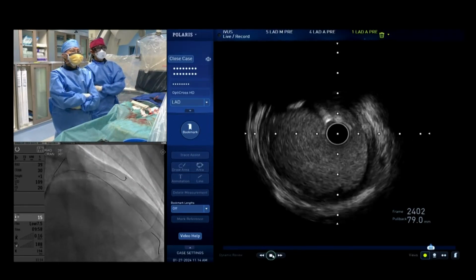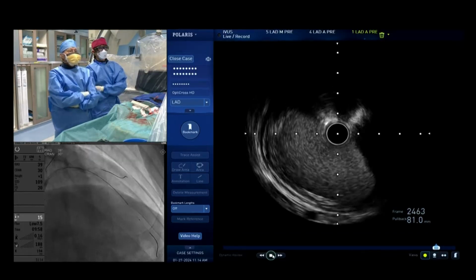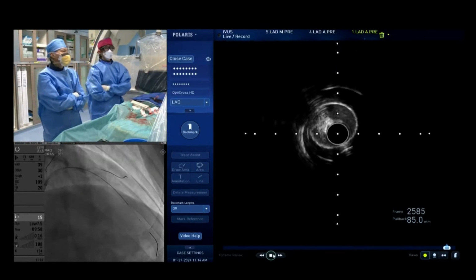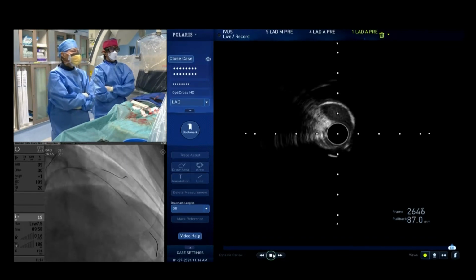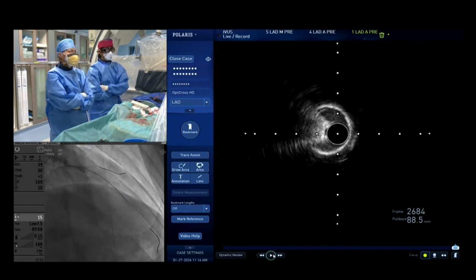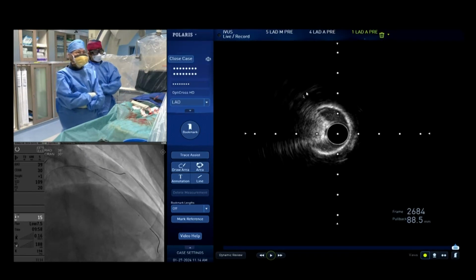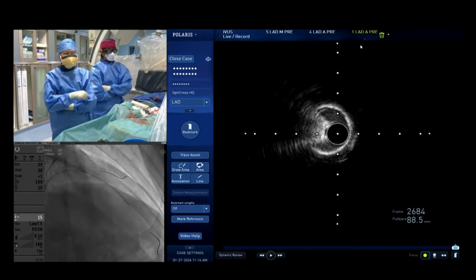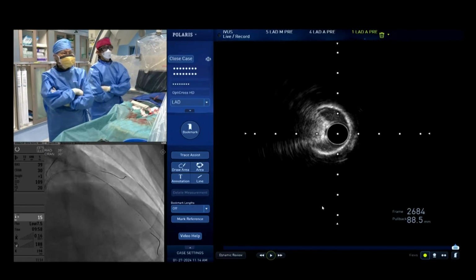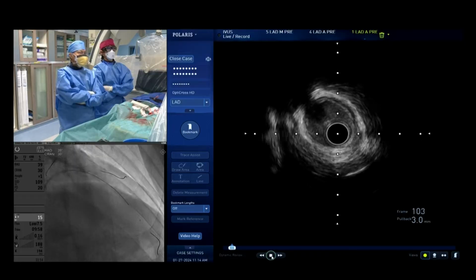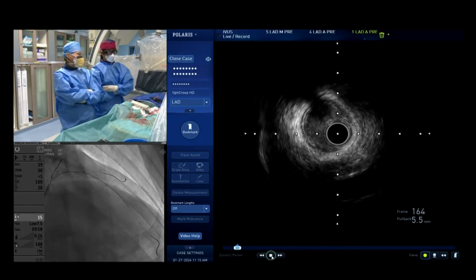While you are pulling back your IVUS, when you have a certain landmark, for example distal reference or proximal reference, you get a cine, and that is your reference. Then you compare pre and post while you're doing further ballooning or stenting. This is more or less a homemade co-registration by your own, and then any kind of IVUS you can do by yourself. So maybe you want to show the homemade co-registration.